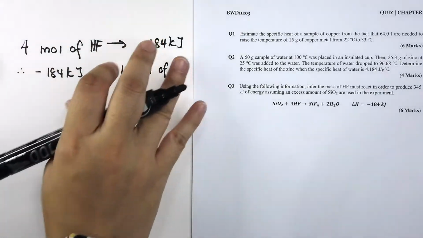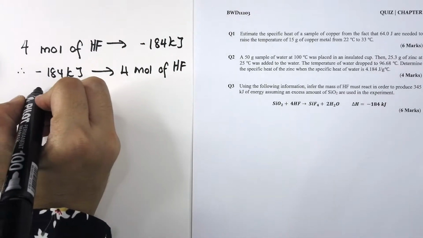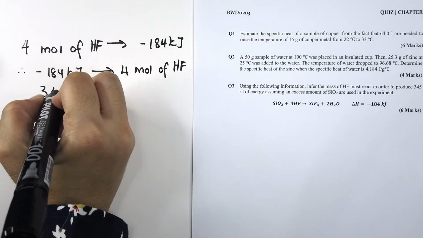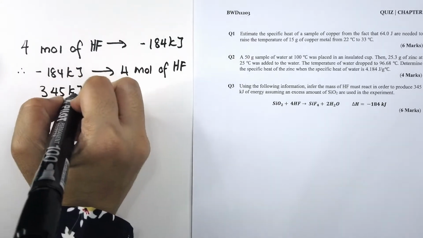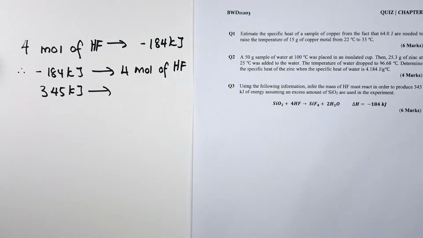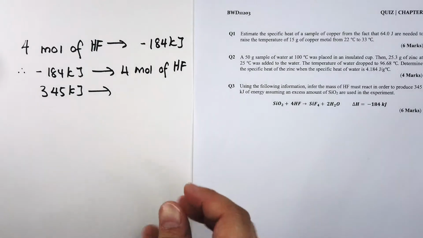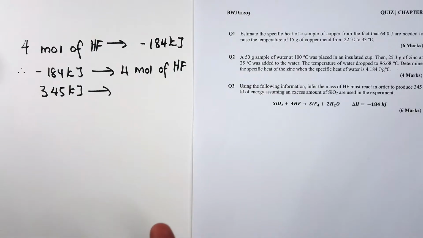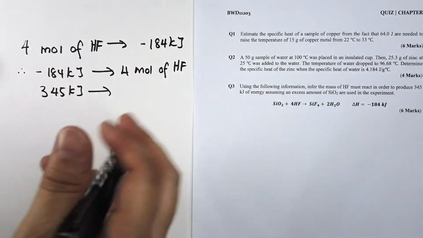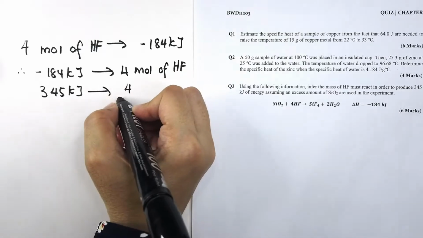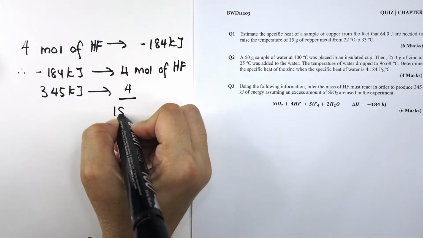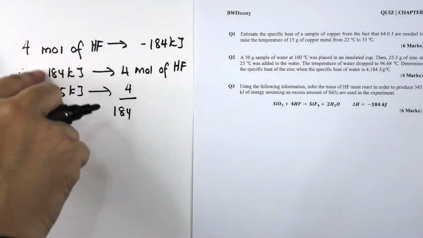So you have more than 184. So you have 345 kilojoule, right? So how much more HF should react to get this much energy? So 4 divided by 184. Don't worry about the minus sign.